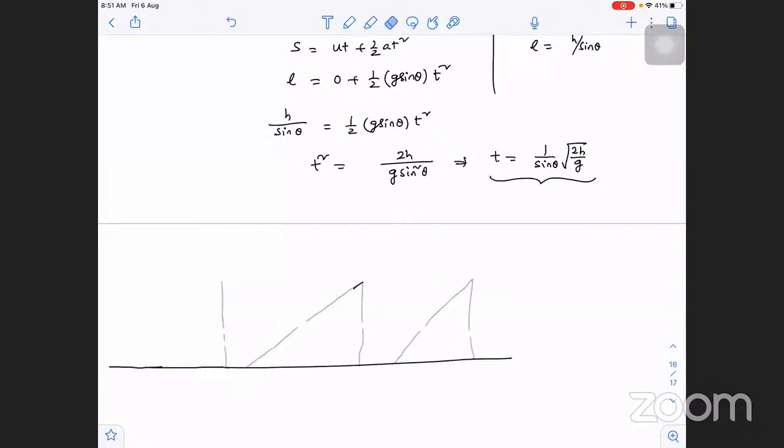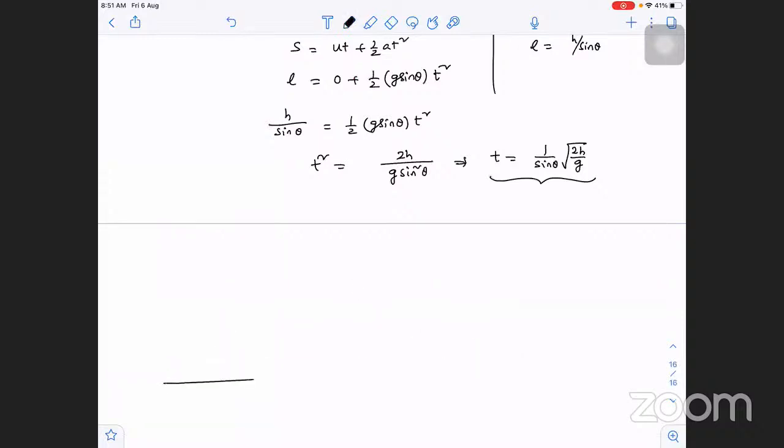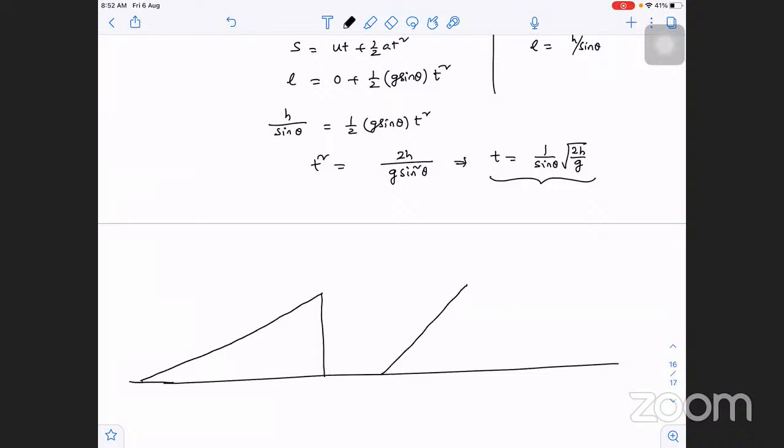Okay, just let me draw them, one more diagram. See, all will have the same height. So slowly the slope is increasing. All are having the same height. H is the height. All are having the same height H, but the angles are different.